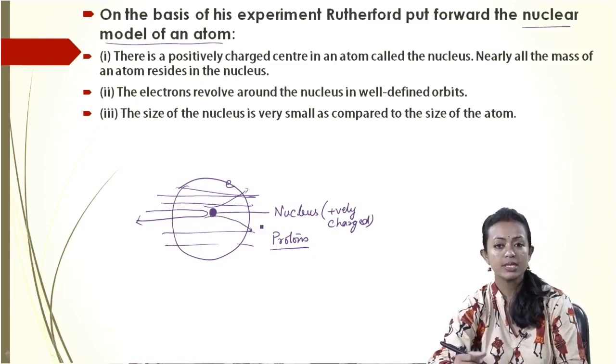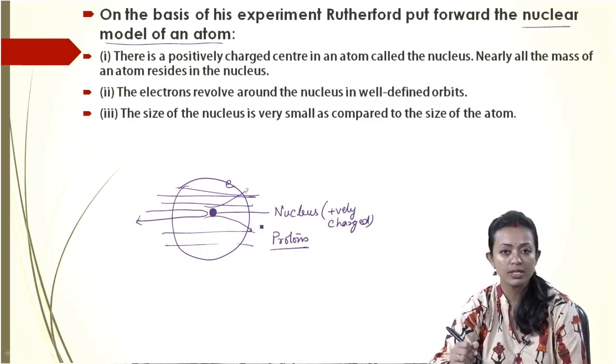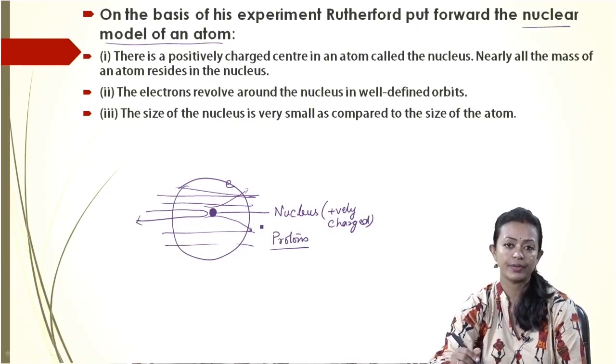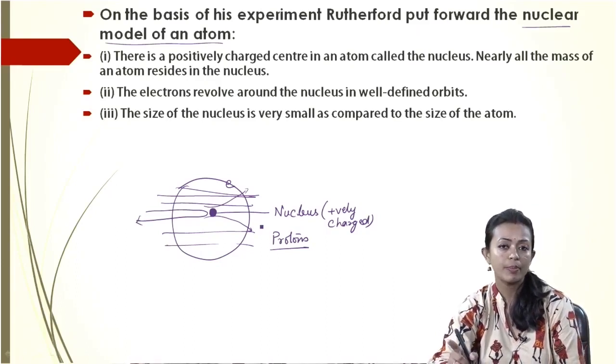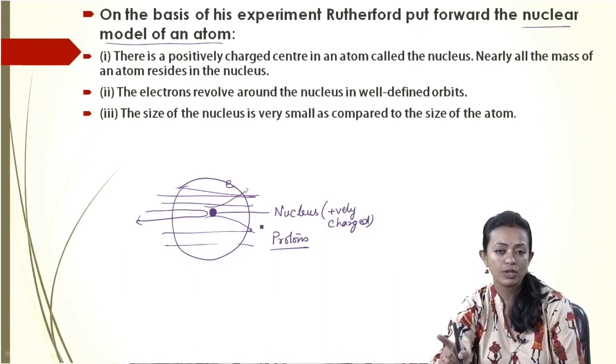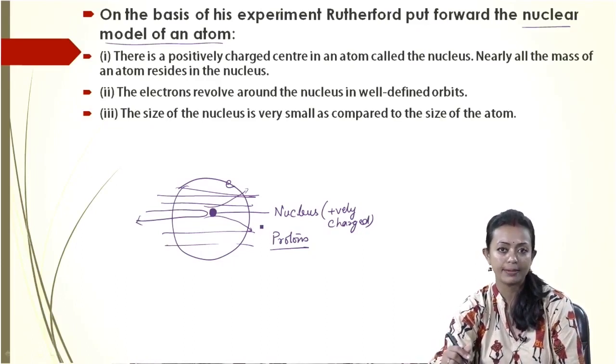And because the nucleus is positively charged, protons are positively charged, so they repelled each other, and it was because of the repulsion that they got deflected by a small angle.